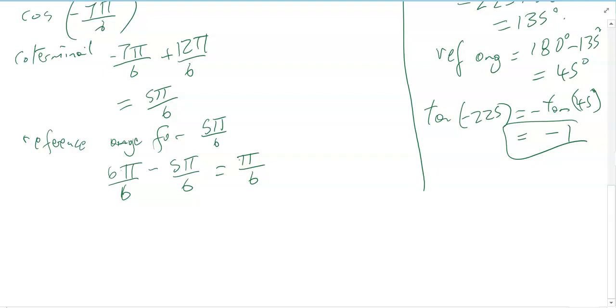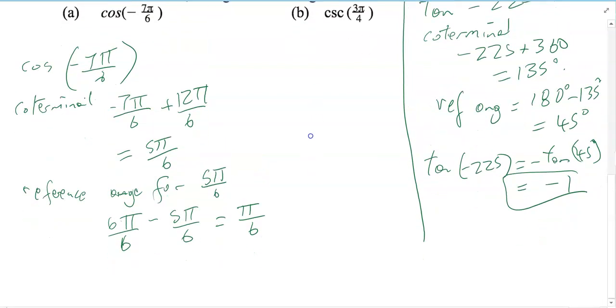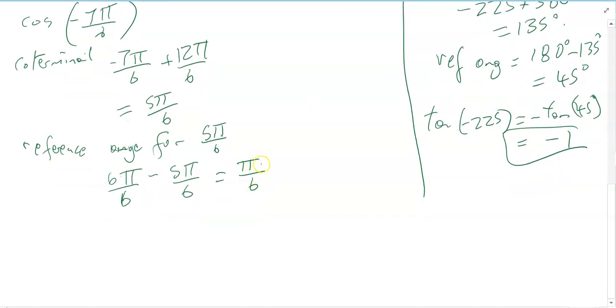Sorry, not the tan, the cosine. So the cosine of pi over 6 would be positive. But this angle that we're looking for, 5 pi over 6, is in Q2. So the cosine is going to be negative. So cosine of negative 7 pi over 6 is going to be equal to negative of the cosine of pi over 6.